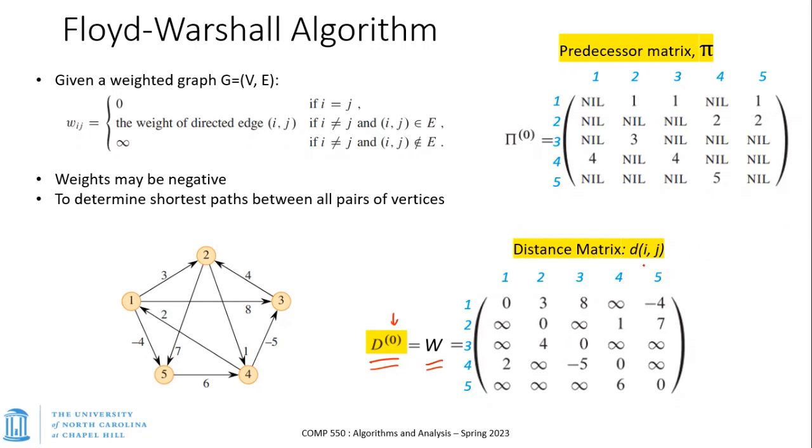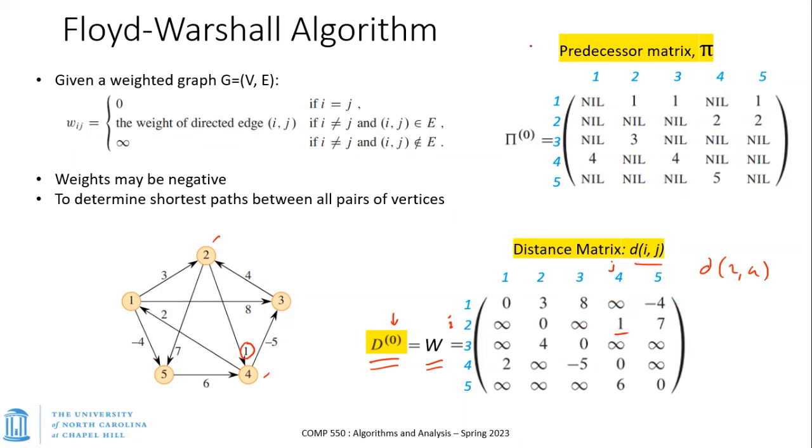And the distance dij is simply the distance from, let's say, i to j. So the distance d2,4 is currently equal to the weight from 2 to 4, which is the weight 1 for that particular edge. I hope you understand the distance matrix.